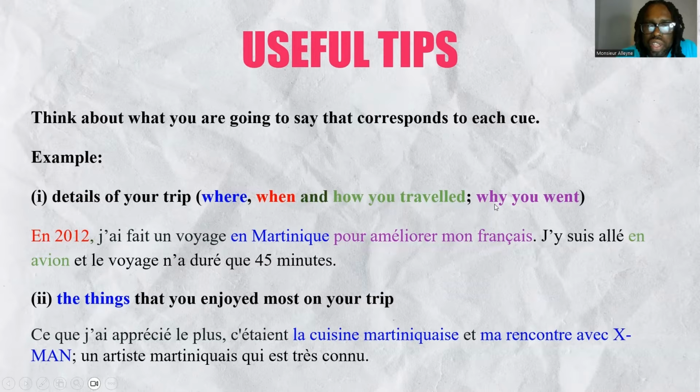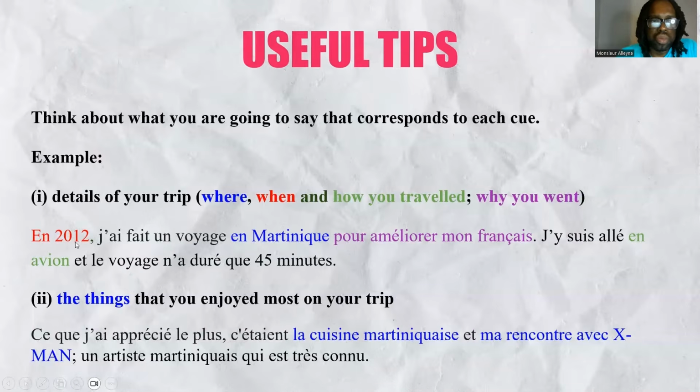And the why you went. As you can see, that is highlighted in purple here. Pour améliorer mon français. In order to improve my French, right? So whenever you say in order to do something, that basically states the purpose of or the reason behind why you are doing a particular thing, right?